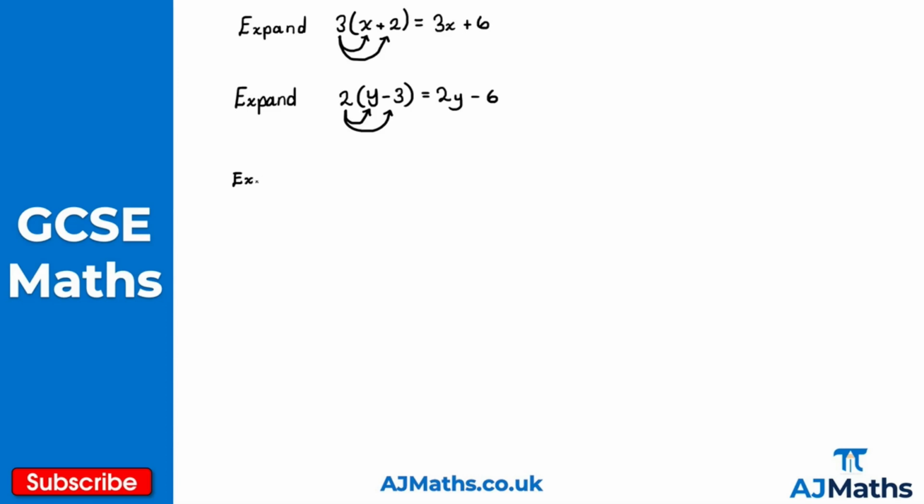Let's take a look at another example here again, just making it a little bit more complicated. Now for this example, let's say we've got 4y on the outside of the bracket. We want to expand 4y bracket y plus 4. Hopefully you might notice that we need to use the rules of indices here.